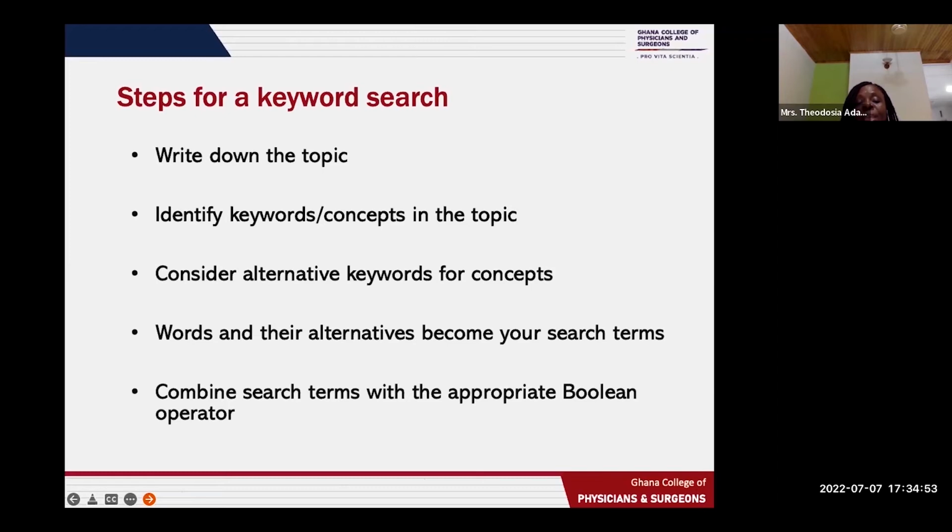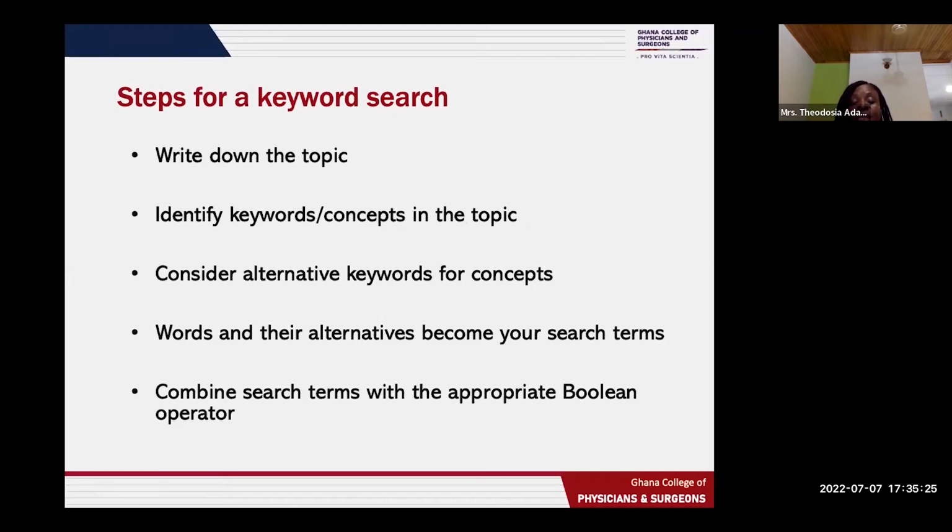Then with the topic in front of us on paper, you identify the keywords or concepts in the topic. When we talk about keywords or concepts, it doesn't include conjunctions. It doesn't include prepositions. It is the topic stripped of all that makes it communicate.